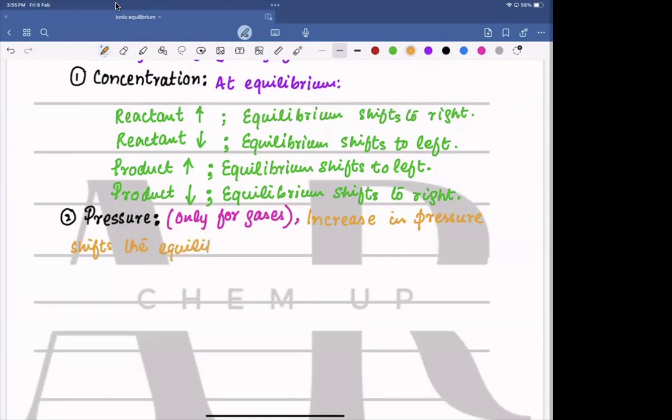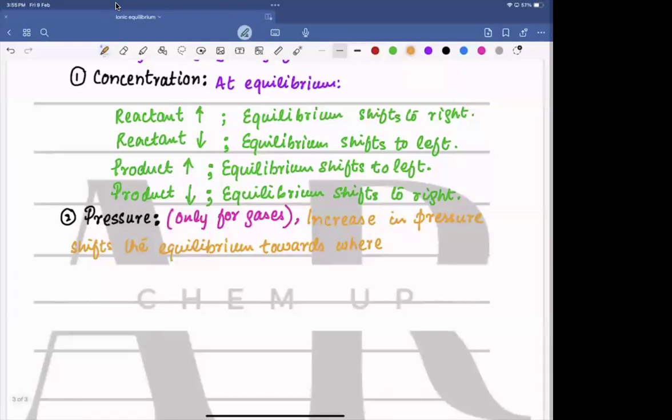Can anyone tell me where the equilibrium would shift? Ahmed, Amna, anyone else? If we increase the pressure, where would the equilibrium shift? Towards the right, sir? No, there is no right or left like with concentration.